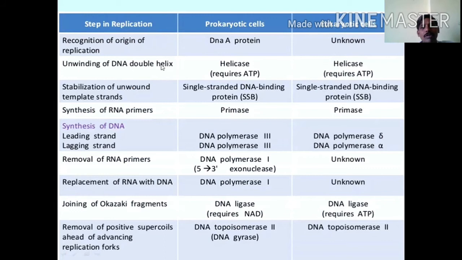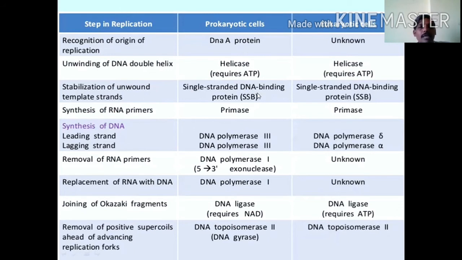In the DNA molecule, both strands are helically or spirally coiled. These spirally coiled strands are separated or unwound by an enzyme, that is helicase. Helicase is necessary to remove the coils or spirals in the DNA molecule, and it requires ATP energy for the process.